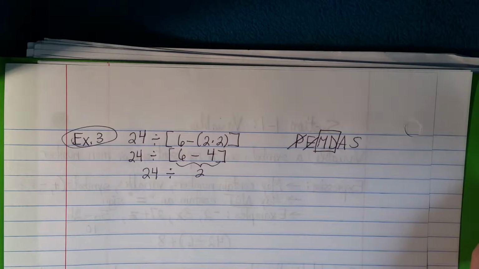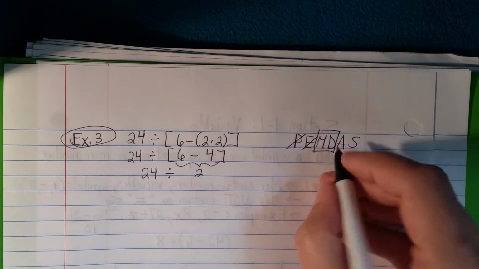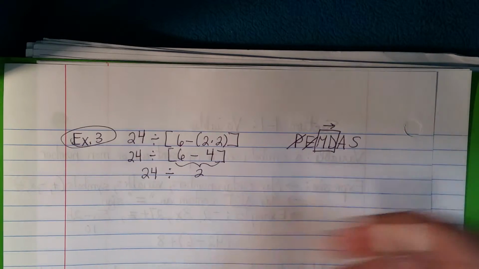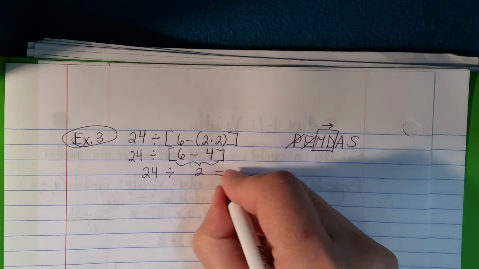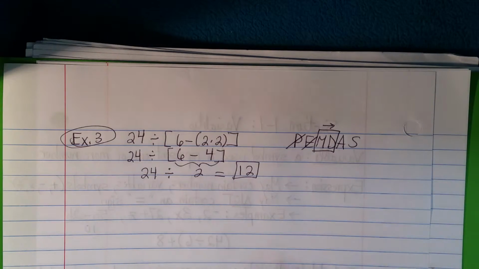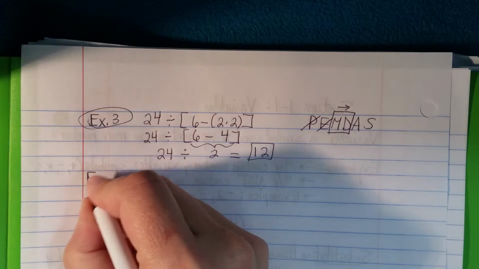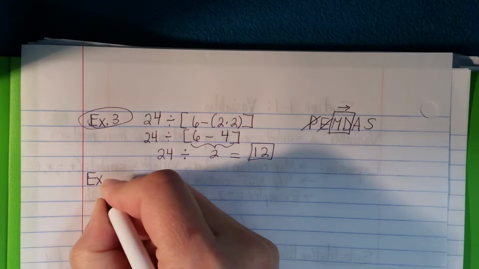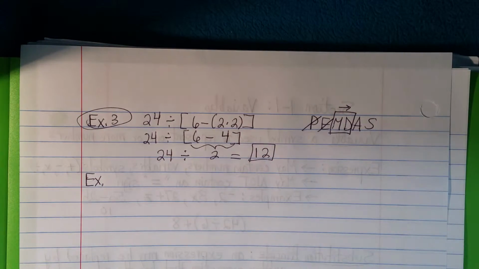Now I have to do multiplication or division, whichever comes first, left to right. Well, it's only division. So that leaves me with 12. All right, that one's pretty straightforward.